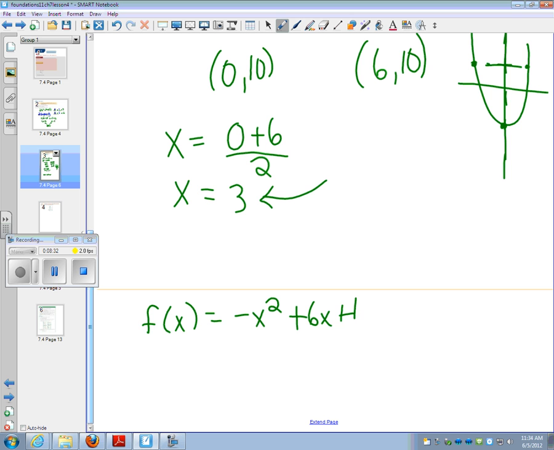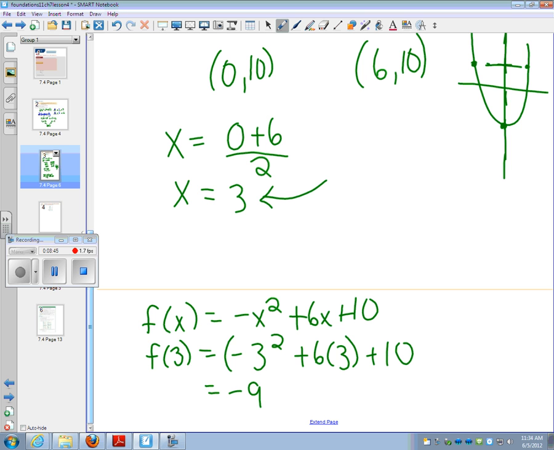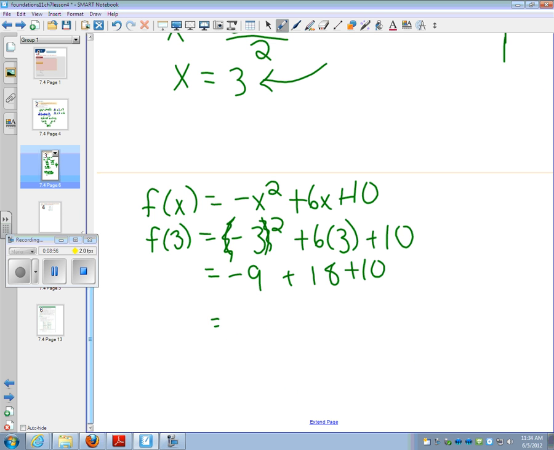I'm going to put in 3 and solve. So this would be -9, because it wasn't in brackets like that. It was just -3 squared. So that's -9 plus 18 plus 10. Solving this, I get 19. So my vertex is (3, 19).